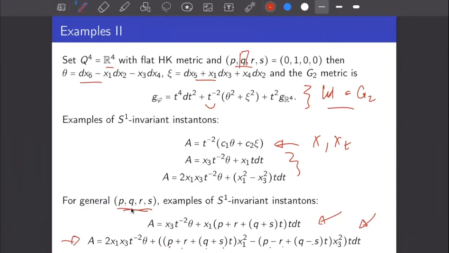Okay, so in the next talk, I will describe a similar situation when the G2 manifold is replaced by Spin(7). And I'm going to argue that essentially everything I said today can be extended to the Spin(7) setting. Thank you.